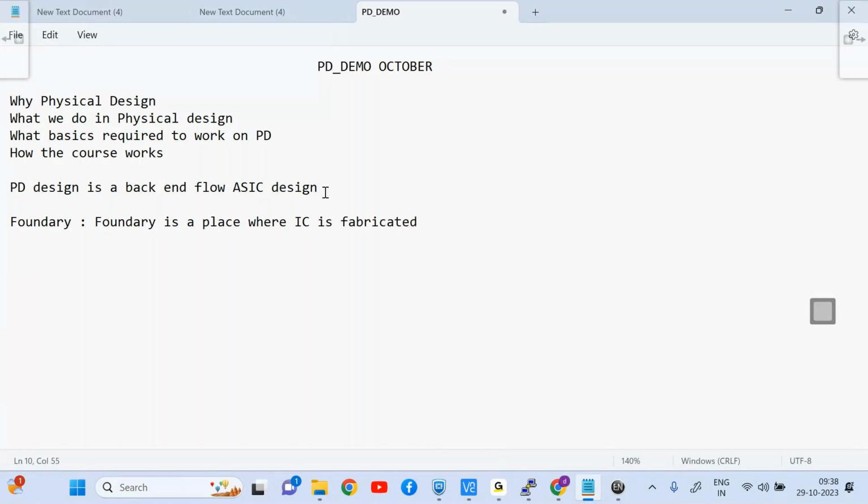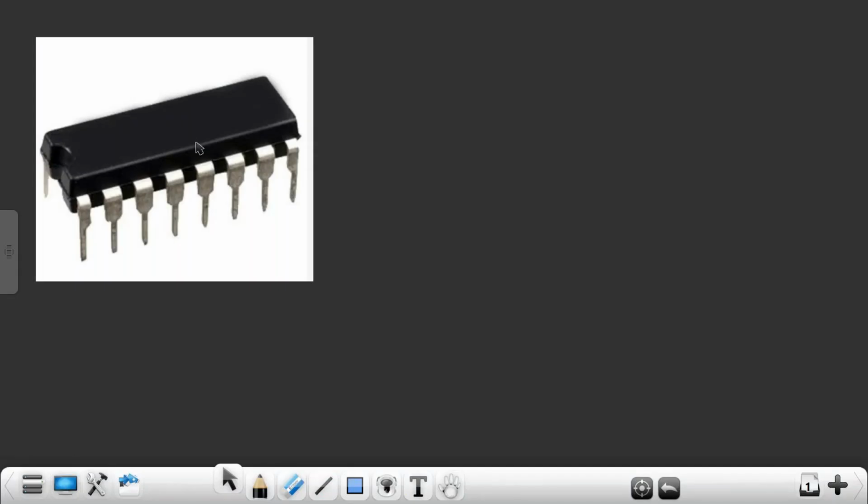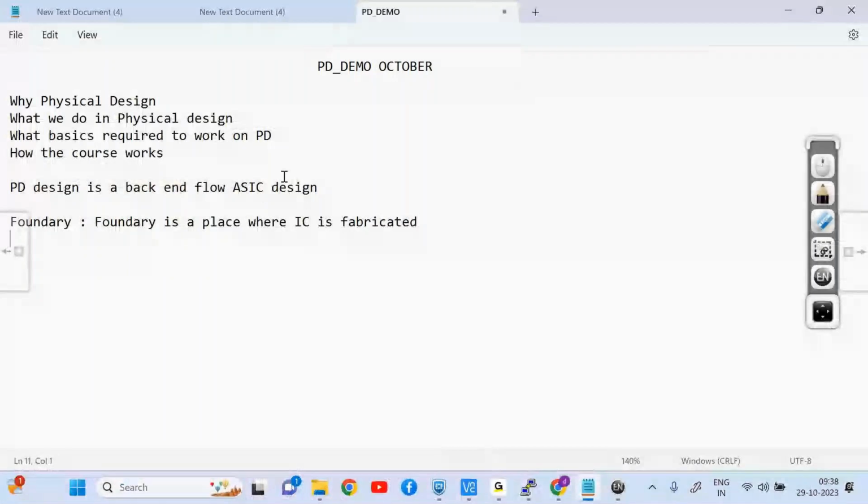This foundry can understand only GDS2 file. Foundry cannot understand RTL. Foundry cannot understand netlist. It can understand only GDS format.